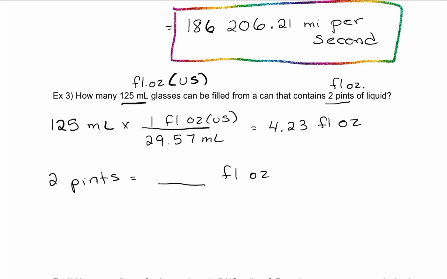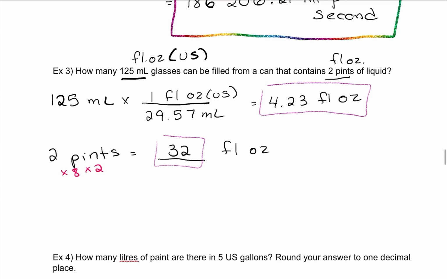Now notice I'm setting this up differently because pints to fluid ounces is within the same system. So I just need to look at those arrows and see what I need to do to get from pints to fluid ounces, and that's times 8 times 2. So I end up with 32 fluid ounces. So I need to fill a can that's 32 fluid ounces using a glass that's 4.23 fluid ounces.